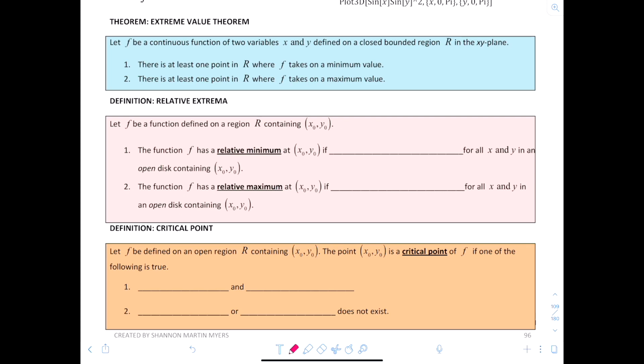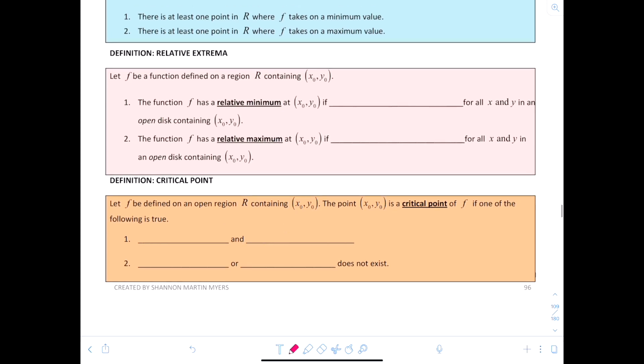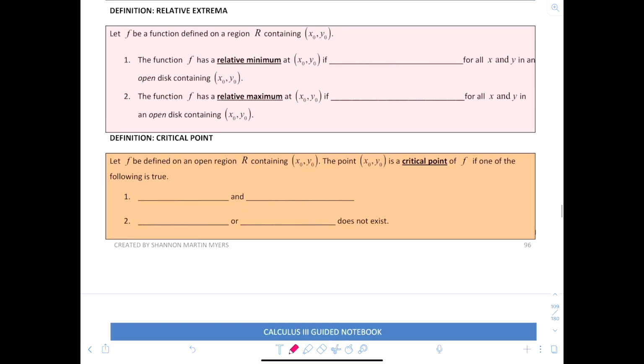The difference between this and a relative max or relative min is that we've got a closed interval, so you also have to test the endpoints. Relative extrema are different because we're looking at the open interval for R.